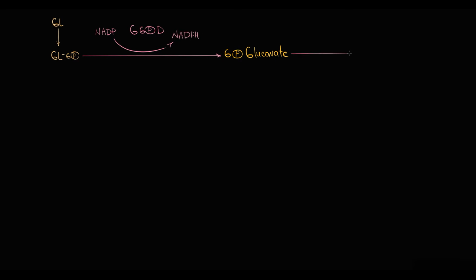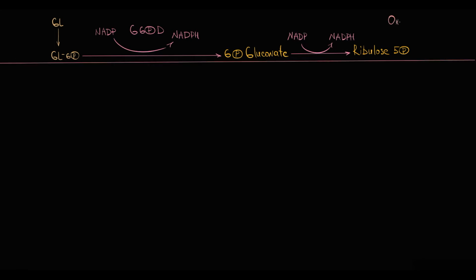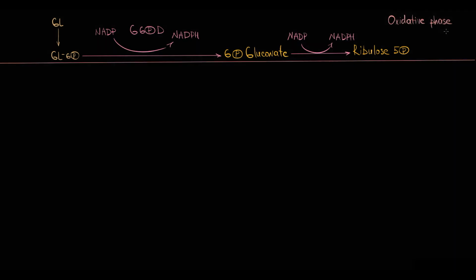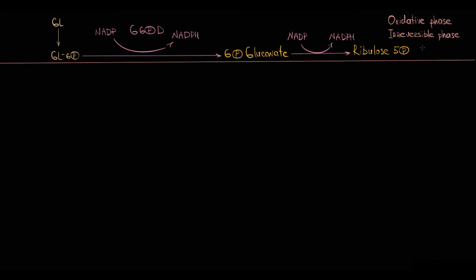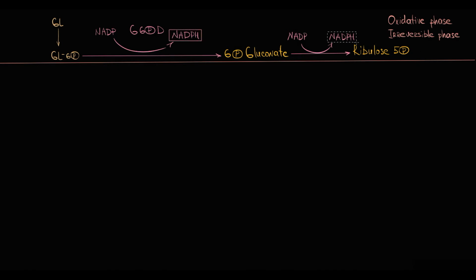Then 6-phosphogluconate is oxidized to ribulose 5-phosphate with release of NADPH. These two steps where glucose undergoes oxidation with release of NADPH are called oxidative phase of hexose monophosphate shunt. Because these reactions can occur only in one direction, this phase is also called irreversible phase. And the most important is that oxidative phase results in production of two NADPH molecules.